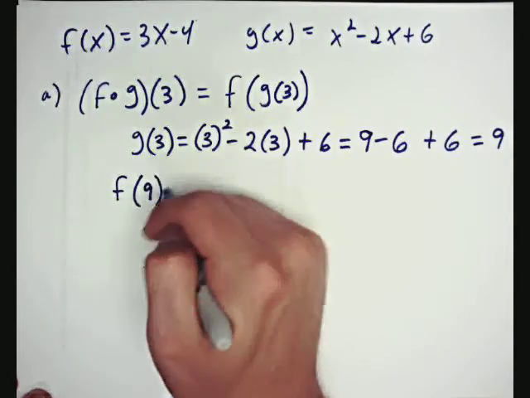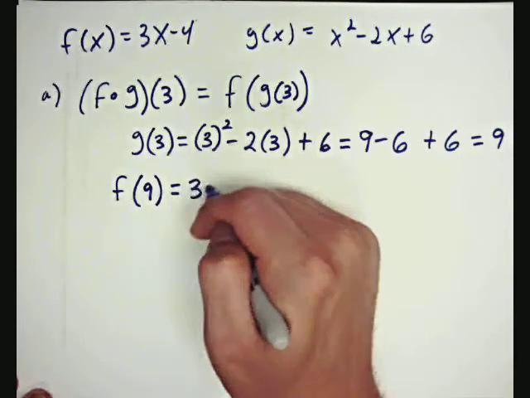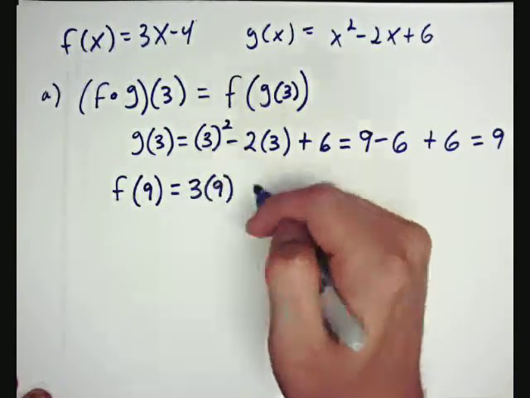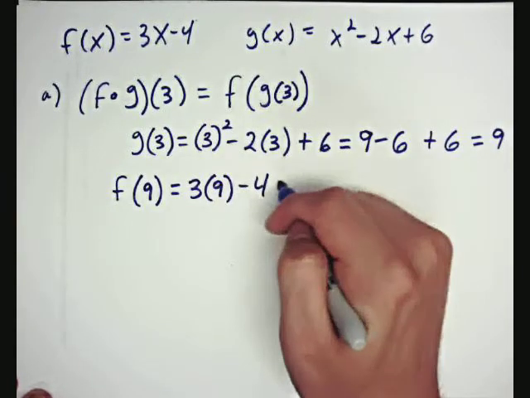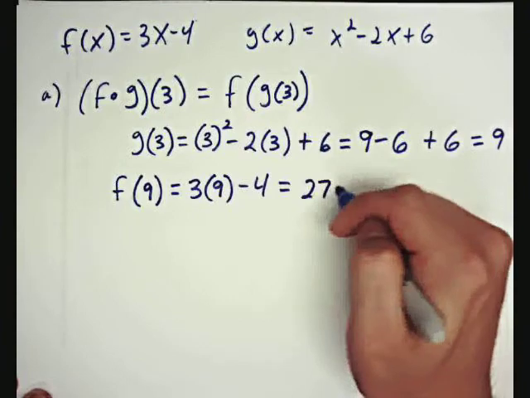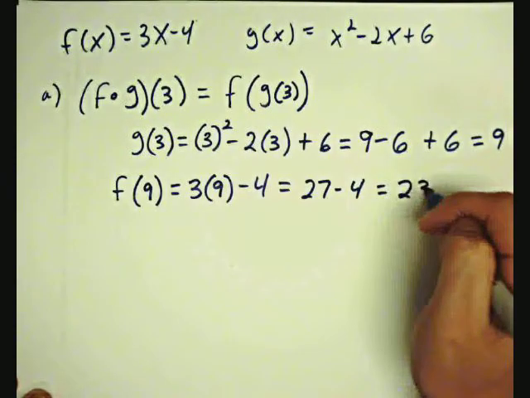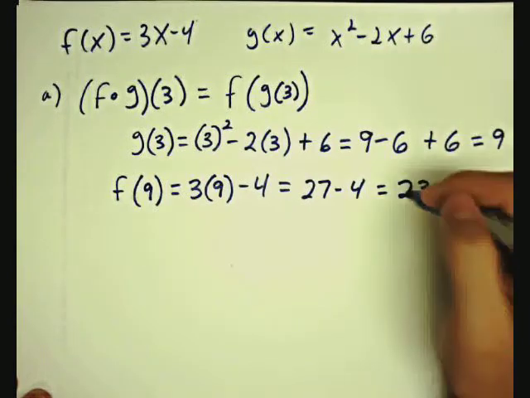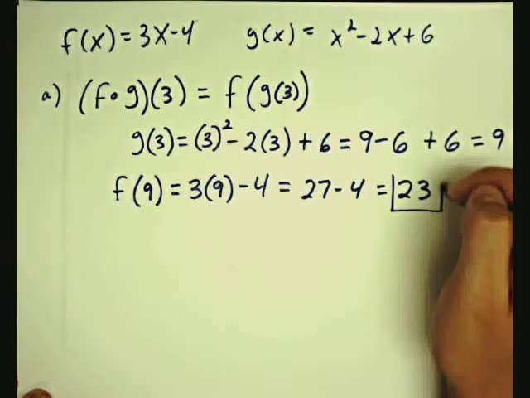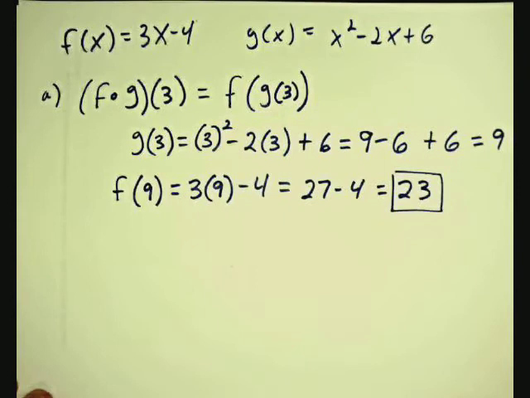So f of 9 equals 3 times 9 minus 4, and that is 27 minus 4, which is 23. So f of g of 3 is 23.